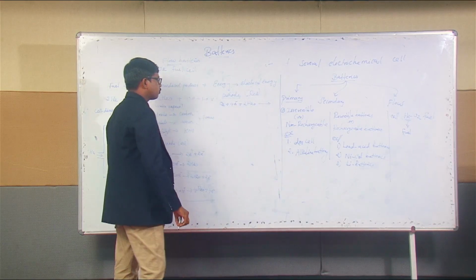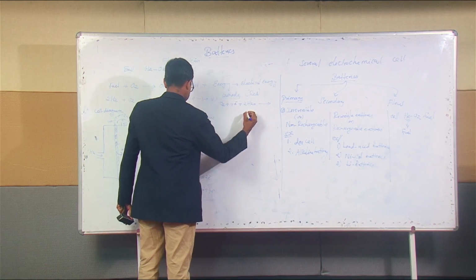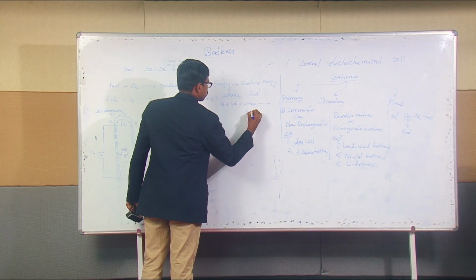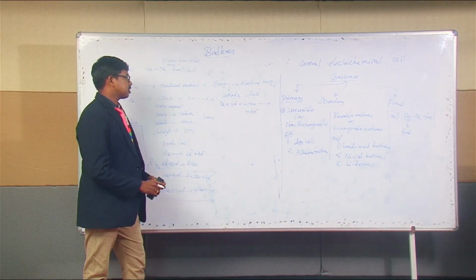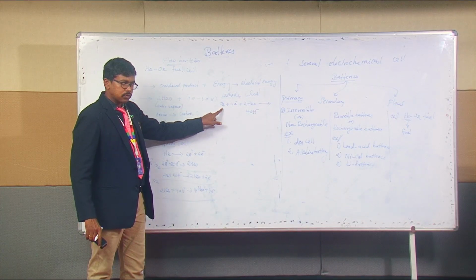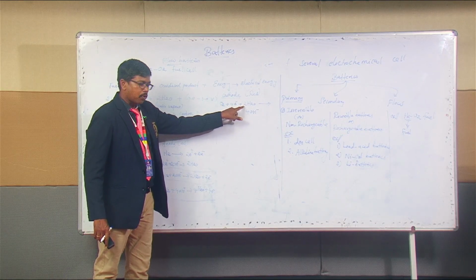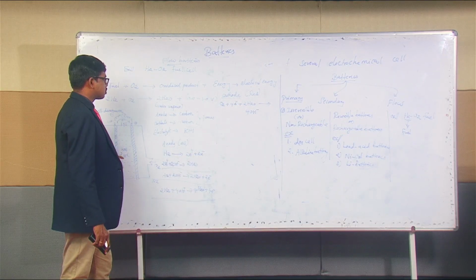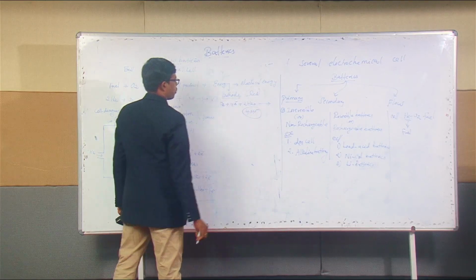Oxygen gets reduced by absorbing these 4 electrons with 2H2O molecules, giving 4OH minus as the product at the cathode side.